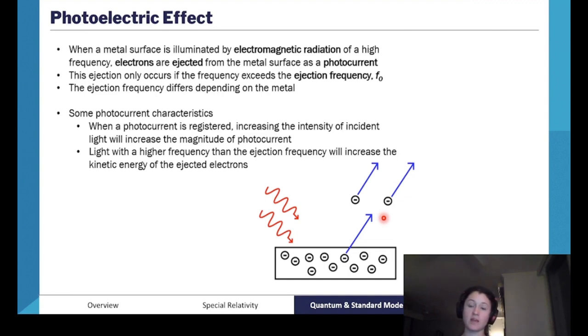However, even if we have a high intensity, with lots of photons, if they don't have enough energy in themselves, still no electrons will be ejected, because all of our photons are coming in and giving energy to lots of electrons, but they're not giving them enough energy.